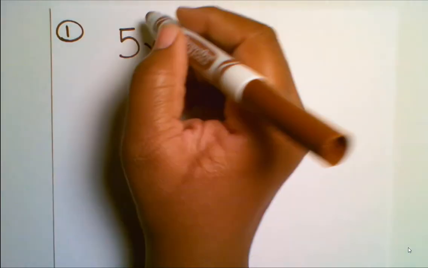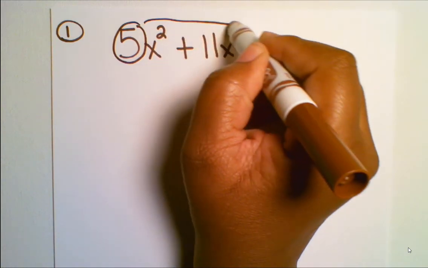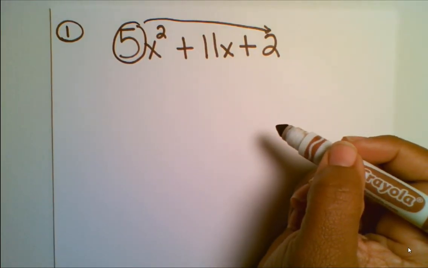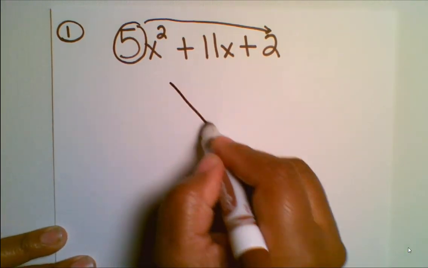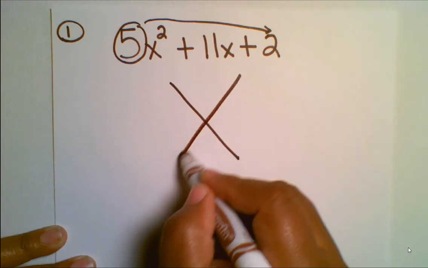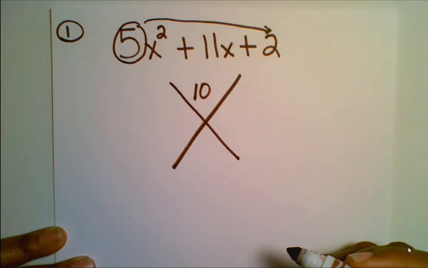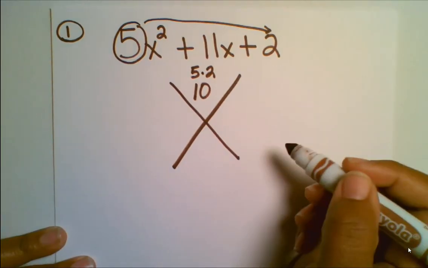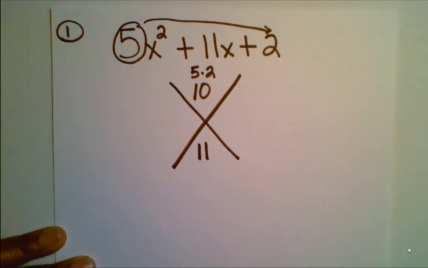So let's circle the coefficient of the first term. This is where we're going to slide and multiply that 5 to the 2. Okay, so then that will give us 10. So you're saying 5 times 2, what are factors of 10 that will add to give us the middle term of 11?